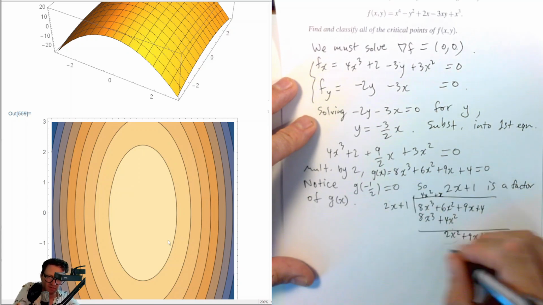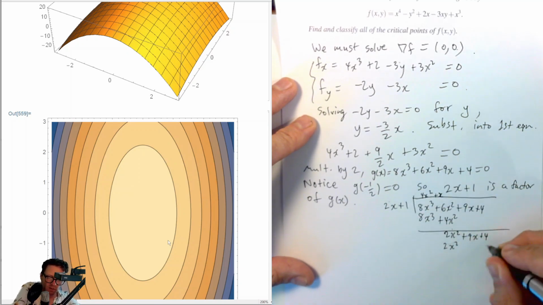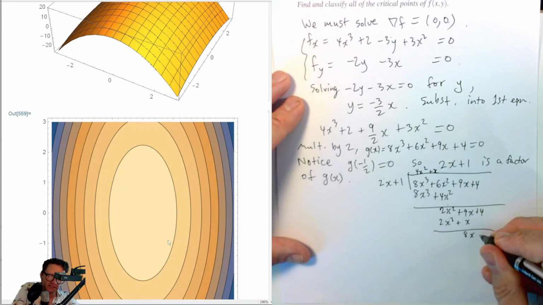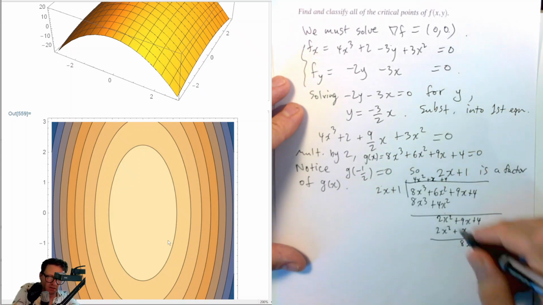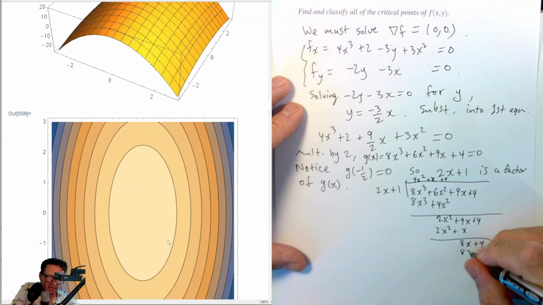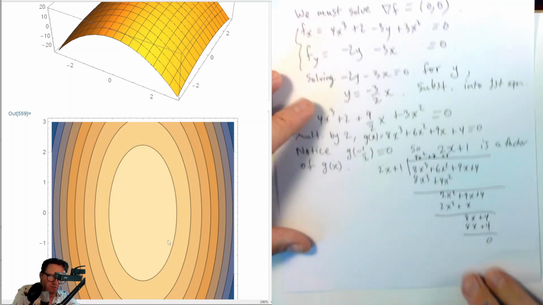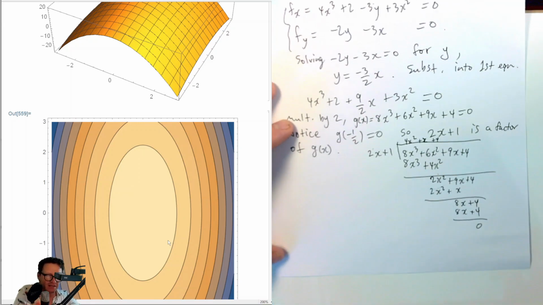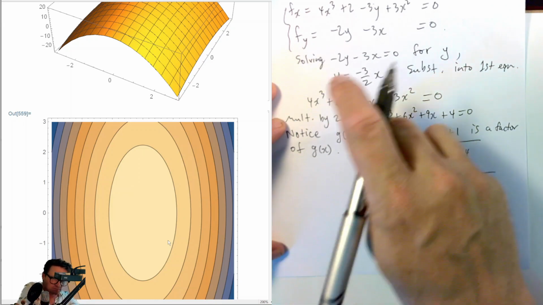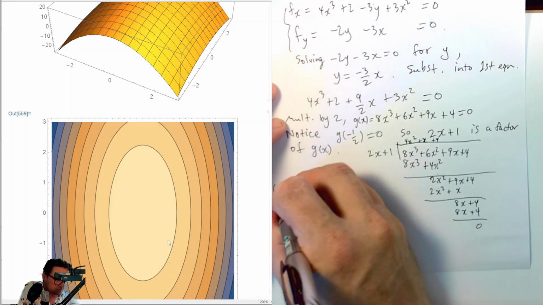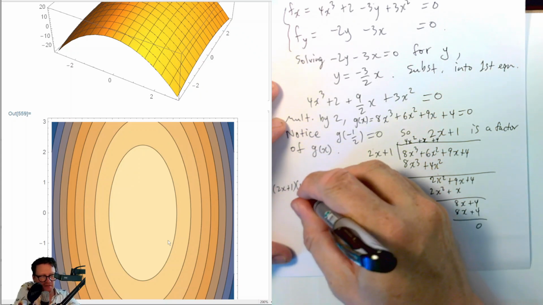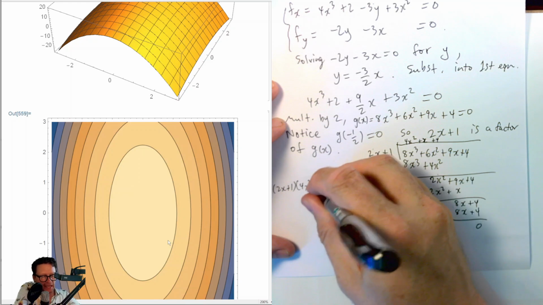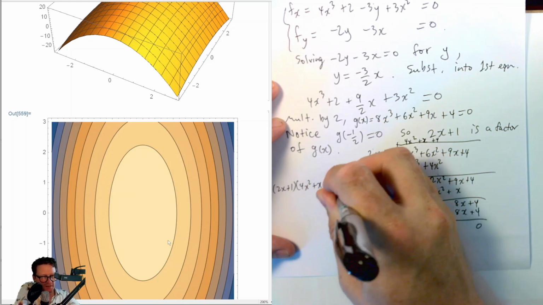Multiply x times this, write it underneath. 2x squared plus x, take a difference, and we've got 8x plus 4. This divided by 2x is 4. 4 times 2x plus 1 is 8x plus 4. 0 remainder. So what that tells us then is that this is equal to 2x plus 1 multiplied by 4x squared plus x plus 4, and that's equal to 0.